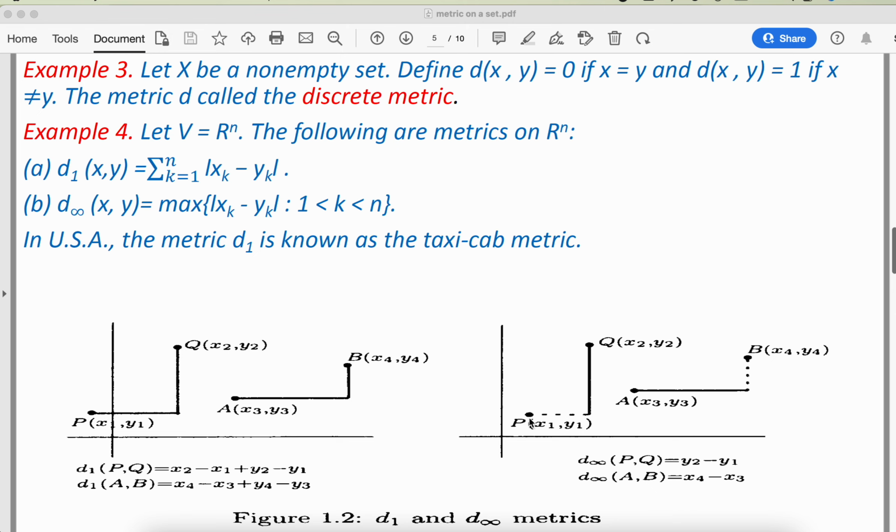Here it is clear that this distance is greater than this distance. So in this case, the distance between P and Q comes out to be y2 minus y1, and in this case the distance of A from B comes out to be x4 minus x3. This is the graphical representation of metric d1, and this is the graphical representation of metric d infinity.